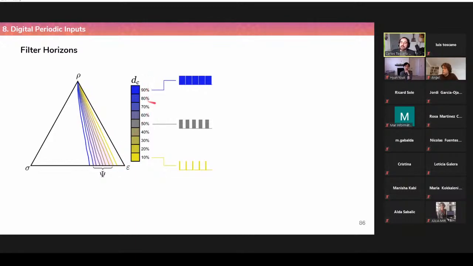And if you have to filter signals with high duty cycles, you don't need to go so close. The filter horizon is going to be farther from that specific side of the triangle.